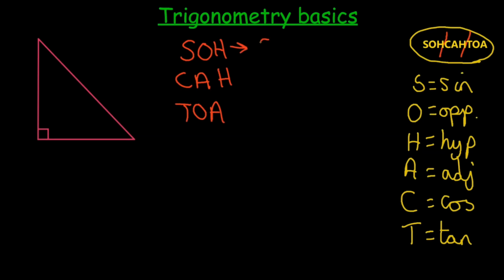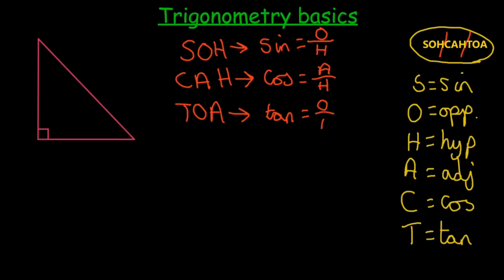SOH is sine equals opposite over hypotenuse. CAH becomes the cosine of the adjacent over the hypotenuse, and TOA becomes the tangent of the opposite over the adjacent.